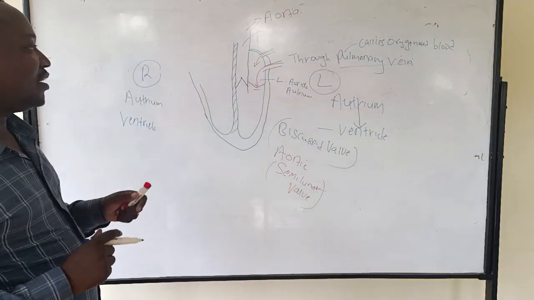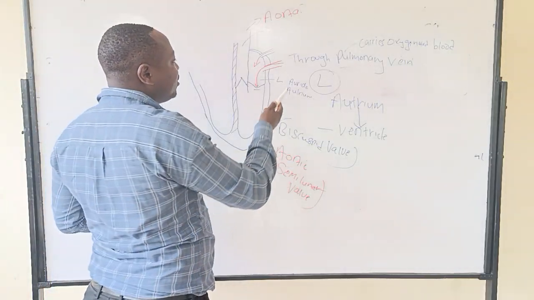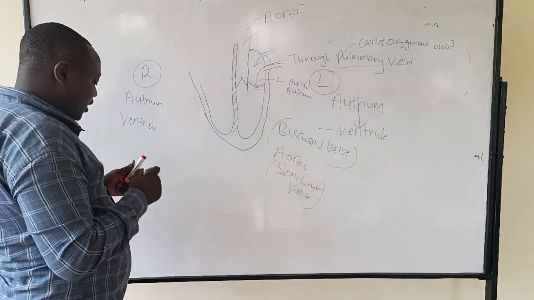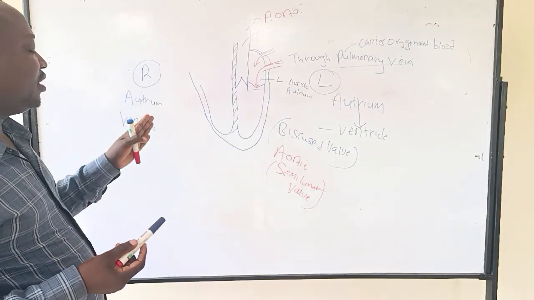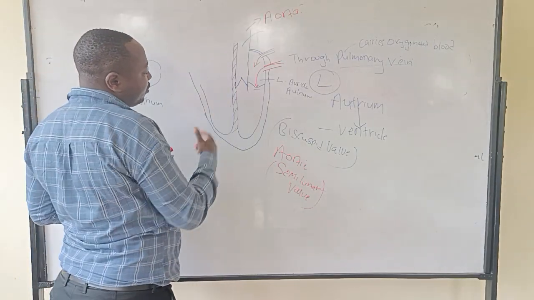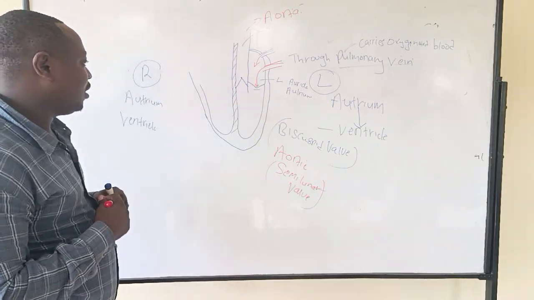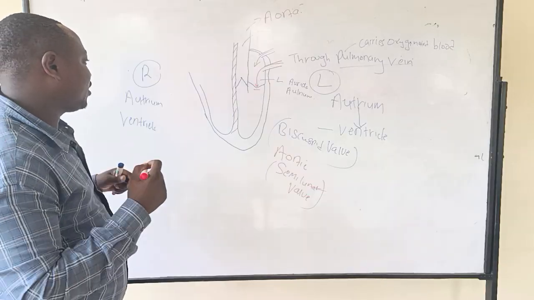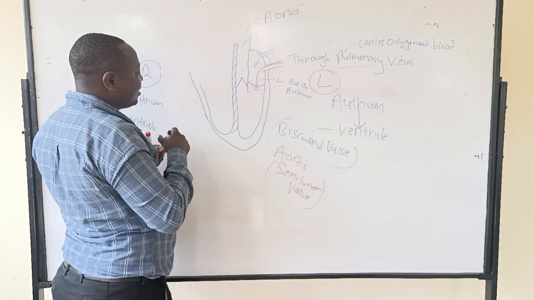Remember, in every part of the lung we get to, we usually get a pulmonary vein, which carries oxygenated blood to the left atrium or the auricle.